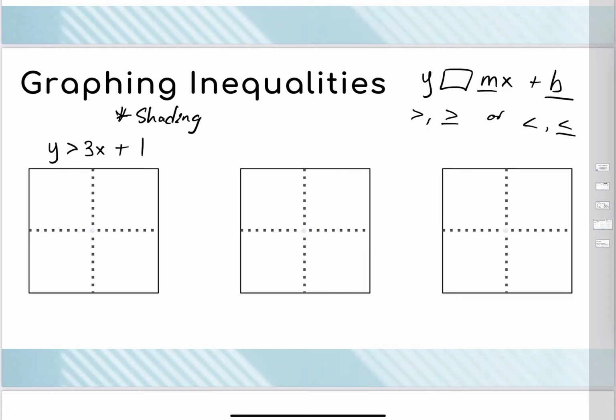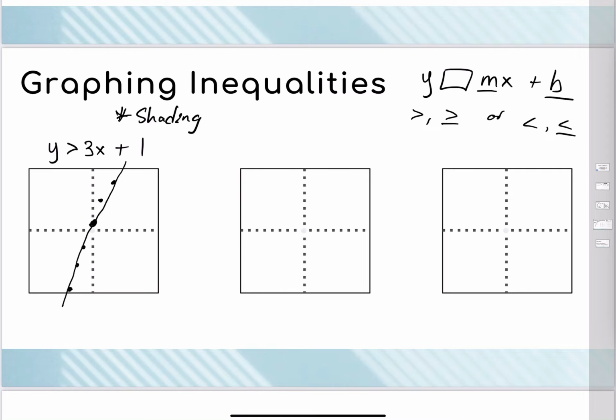Our y-intercept would be 1, and our slope would be 3, or 3 over 1, so 1, 2, 3 rise over 1 run. 1, 2, 3 rise over another run. Just like that. Now we would have that line. We would graph it no different.